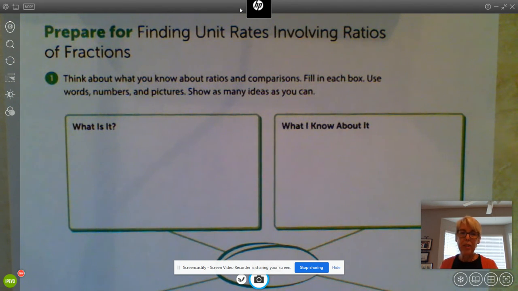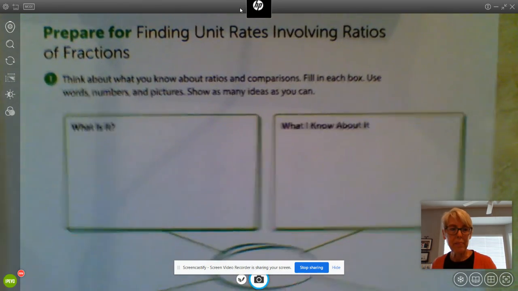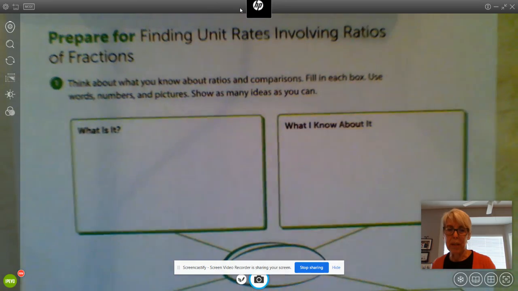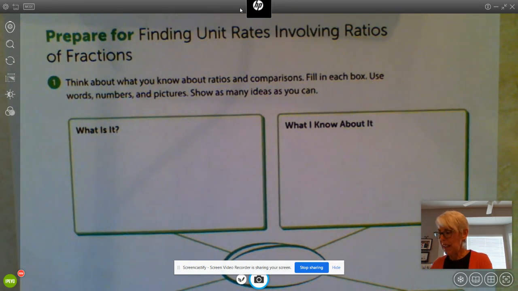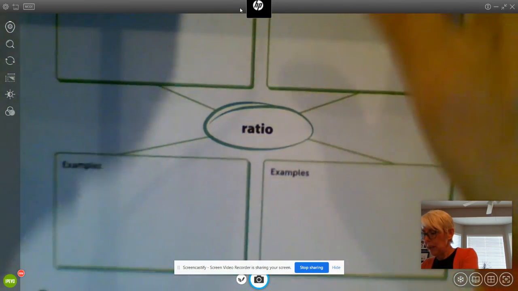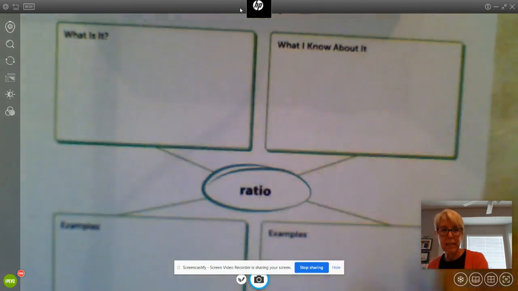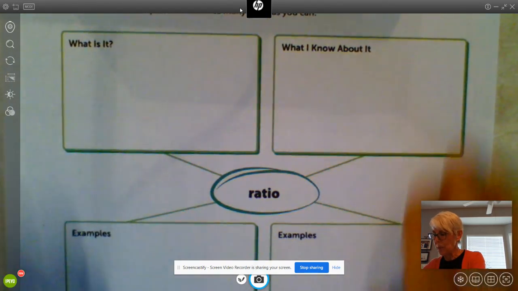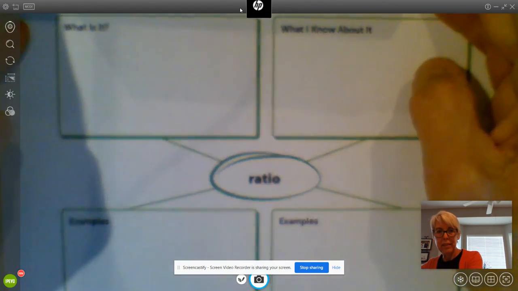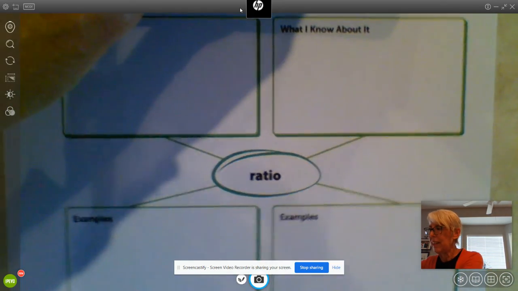So think about what we know about ratios and comparisons. We're going to fill in each box. We're going to use words, numbers, or pictures, and show as many ideas as possible. So I'm shuffling things around so we can see, trying to get it all in one screen, which is not as easy as I'd like it to be.